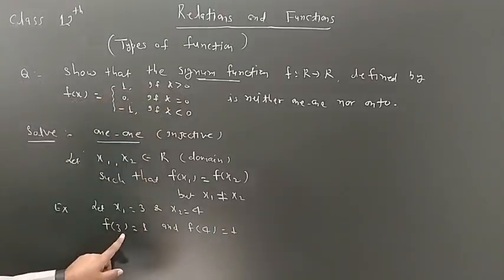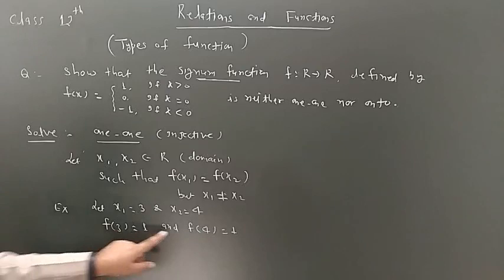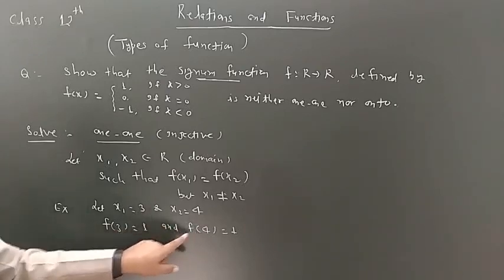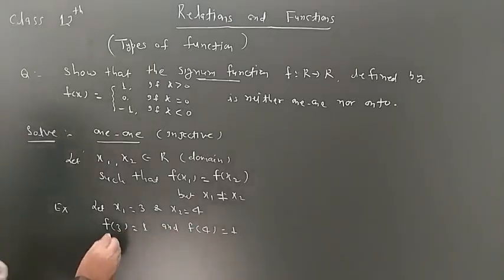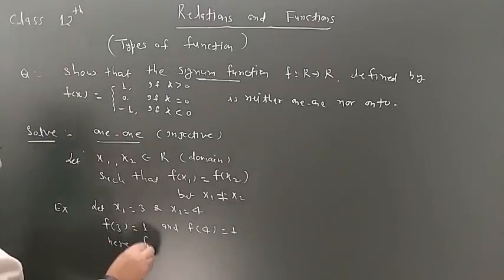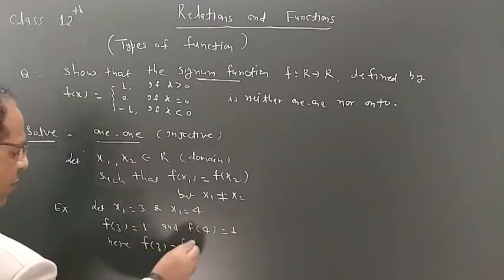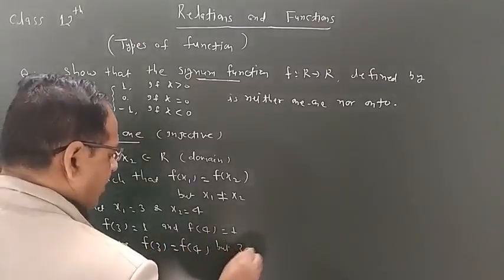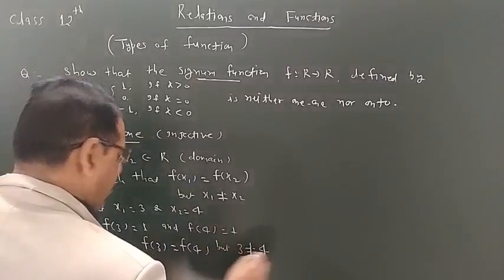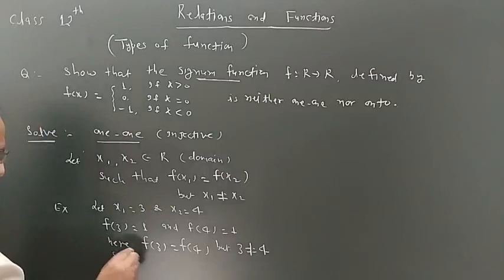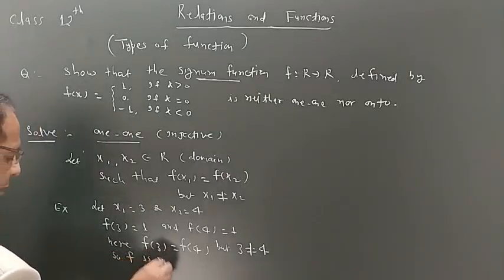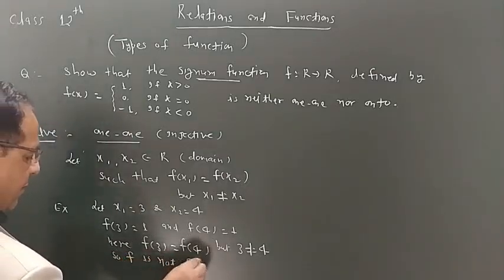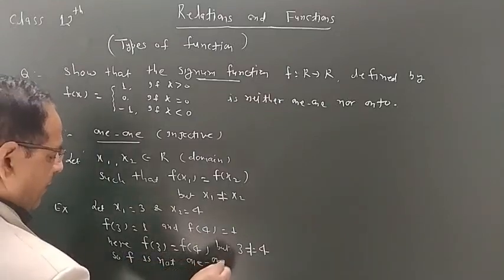So if x is 3, the value of f(3) is 1, and if x equal to 4, then f(4) also equal to 1. Here f(3) equal to f(4), but 3 not equal to 4. So f is not one-one.